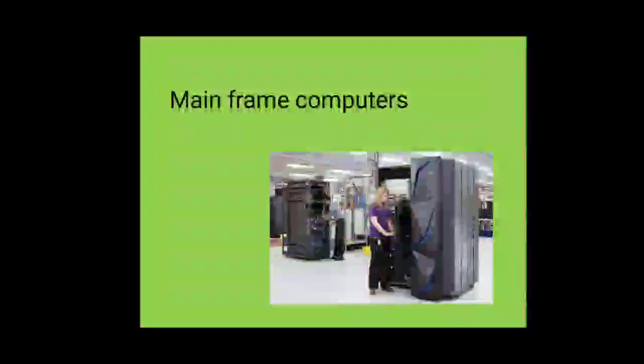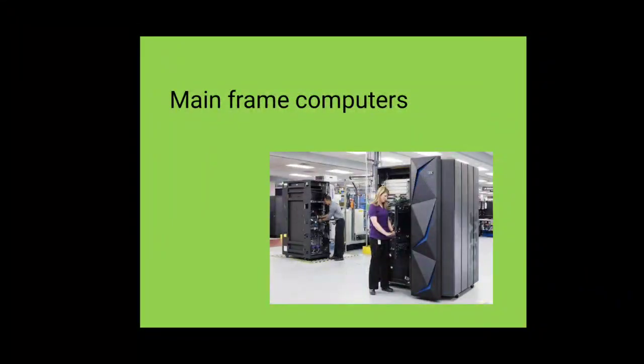The first basis of size we have is mainframe computers. This picture shows the image of a mainframe computer. What is the use of this mainframe computer? It looks very large.